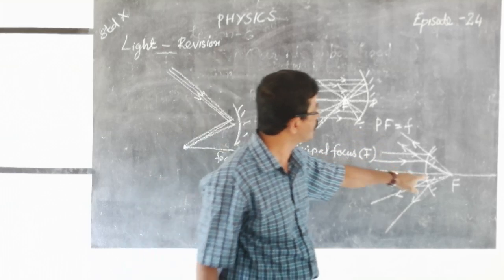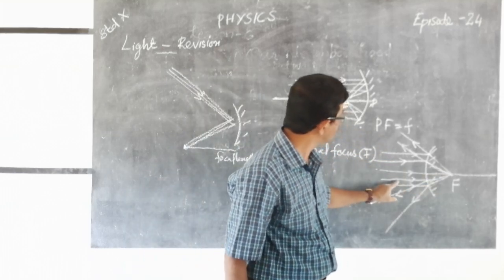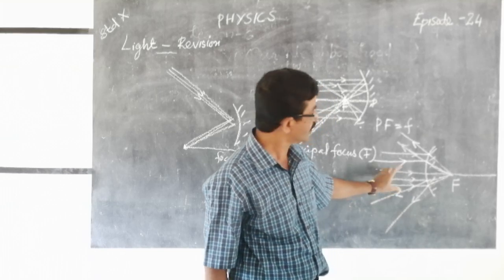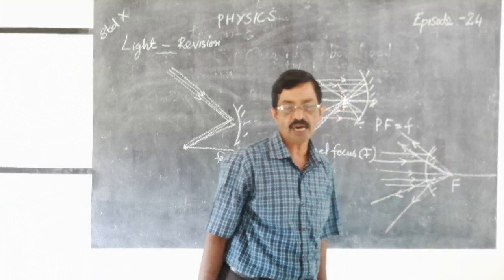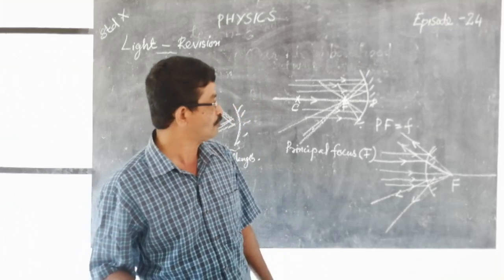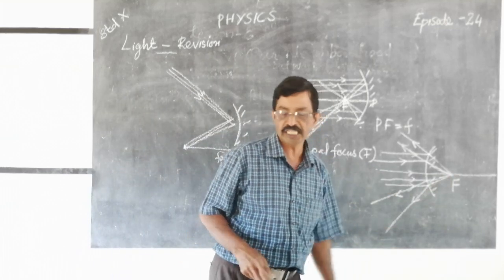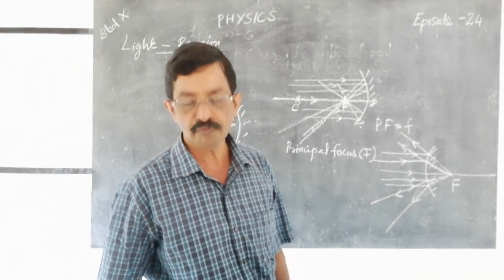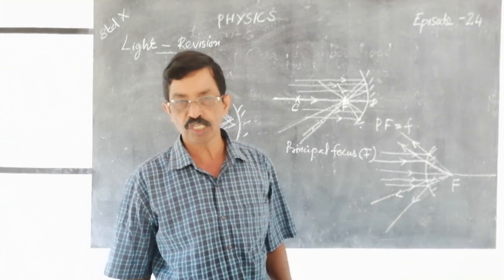And in the case of a convex mirror, these rays parallel to the principal axis, after reflection, appear to come from a point on its principal axis, and that point is the principal focus of this convex mirror.